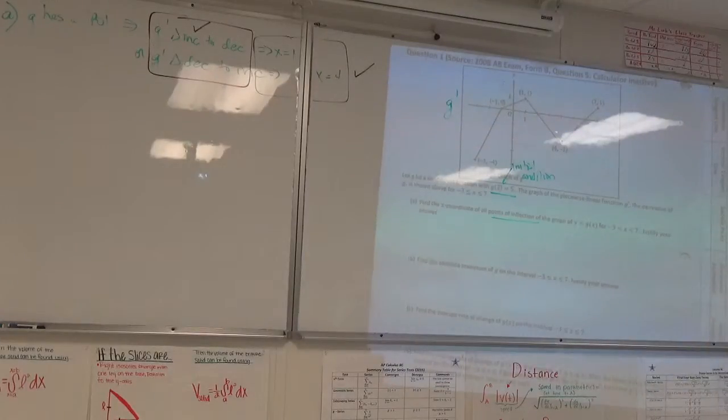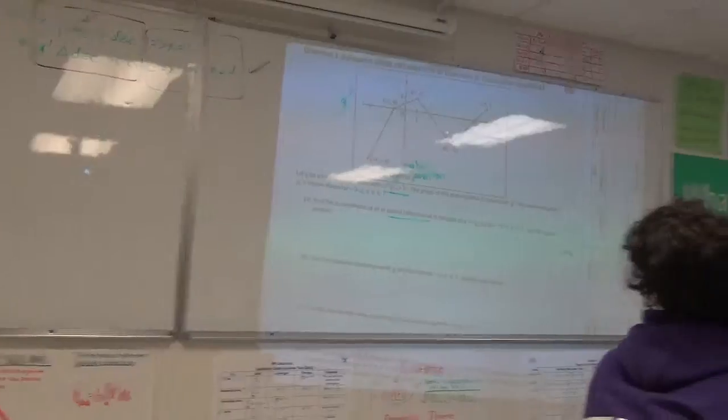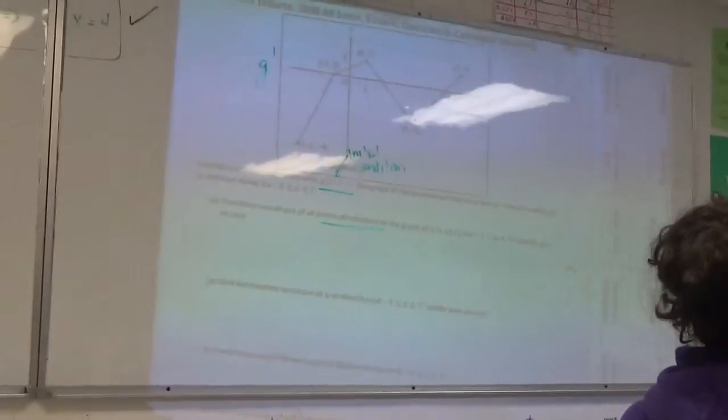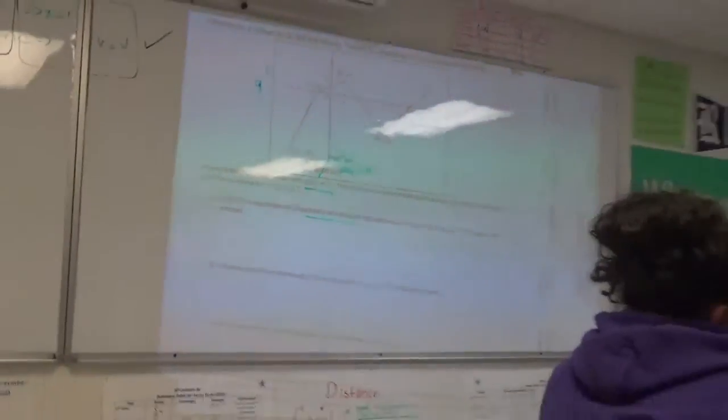You have relative and local. Those are the easy kinds. Then you have absolute max, also known as global. Which one are we looking for here? Global, the absolute maximum. These are always the hard ones.